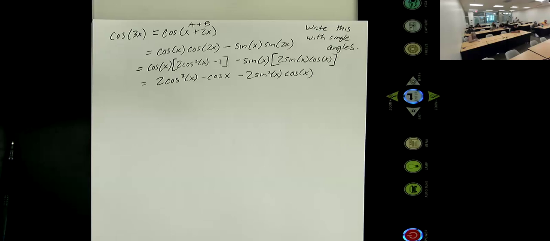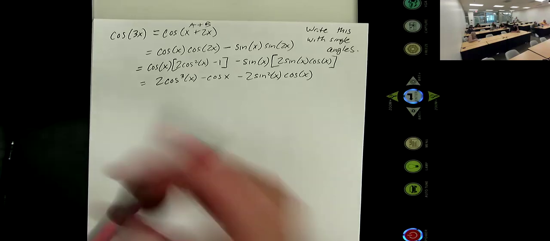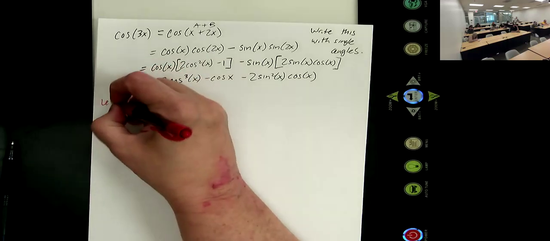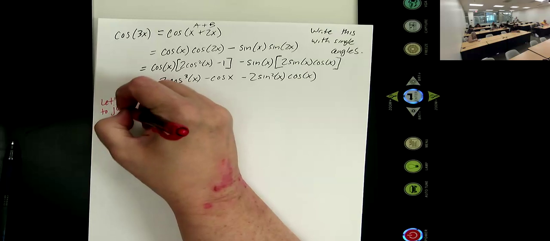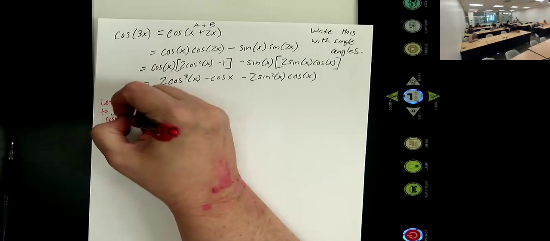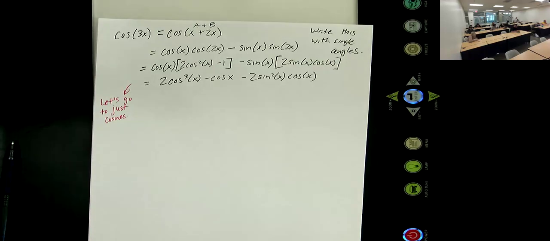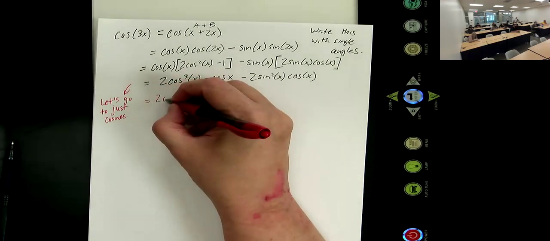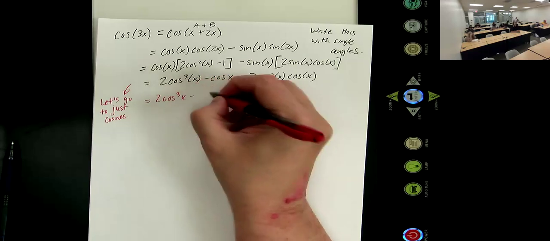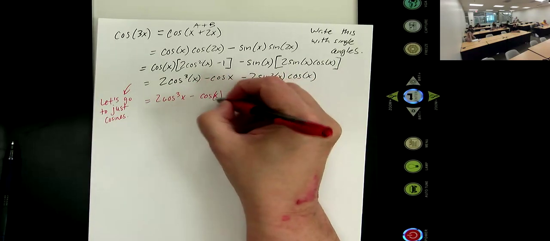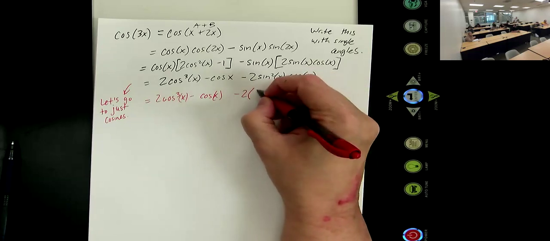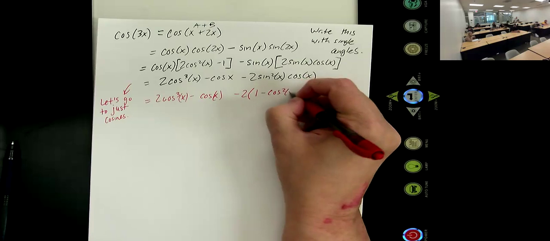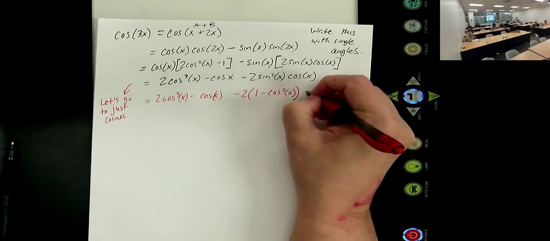It's down to single angles, which is good. It's kind of messy. Let's switch to just cosines. So we've got 2 cosine cubed x minus cosine x, and sine squared x is the same as 1 minus cosine squared x, and then times cosine x.